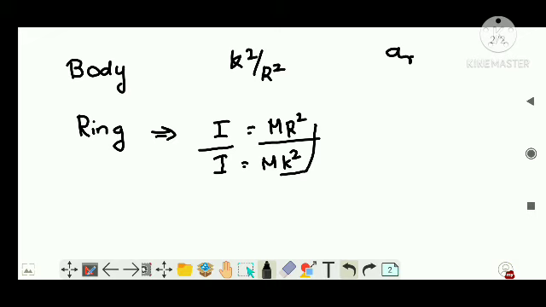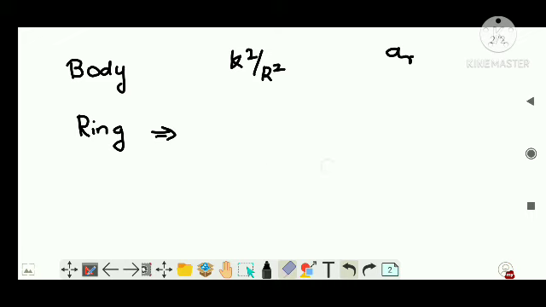So mr squared equals mk squared, or I can say k squared by r squared in the case of a ring is 1. I hope you understood. That means k squared value is equal to r squared, so k squared by r squared will be equal to 1.